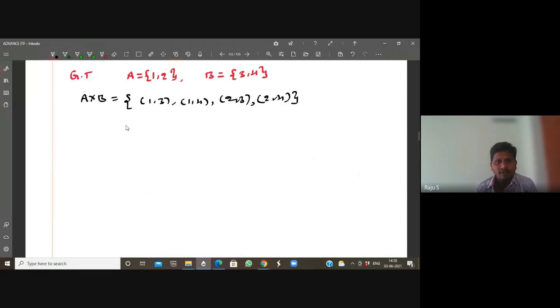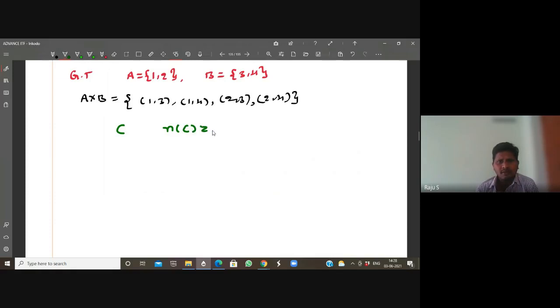Since here, for example, you can take any set. Capital C is any set having some k elements.